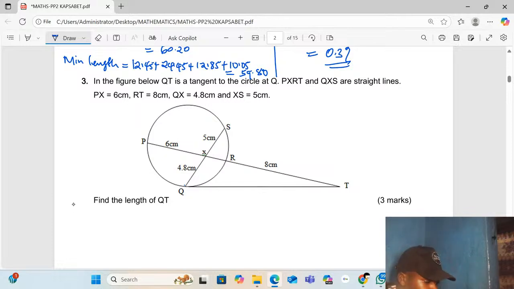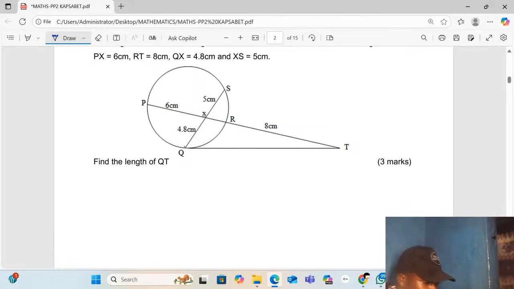So we first of all find XR, and to find XR, we simply take 4.8 times 5, and then we divide by 6.